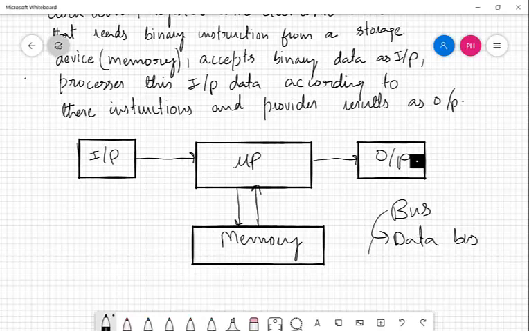There is also the address bus. The address bus is used to select a specific address of the memory. If I have to read something from the memory, the processor sends the address of that particular memory location, and then the data present at that address is read by the processor.